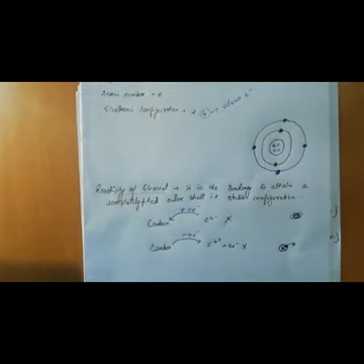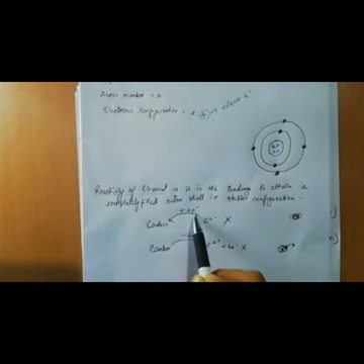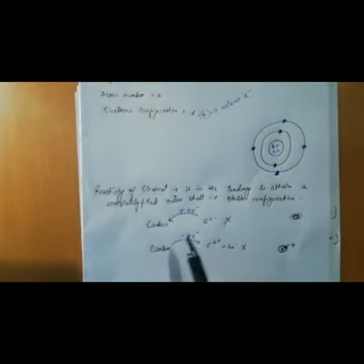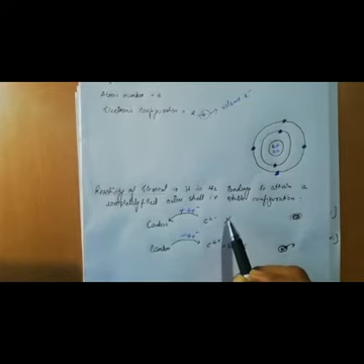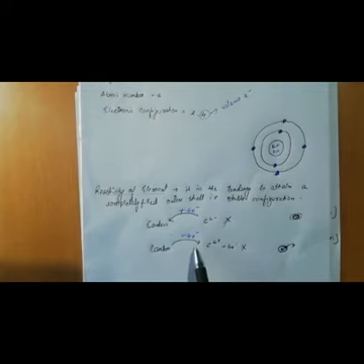So if 4 electrons are added to carbon, then carbon will have a C4 minus anion, and if 4 electrons are taken out or lost, then a C4 plus cation is formed.